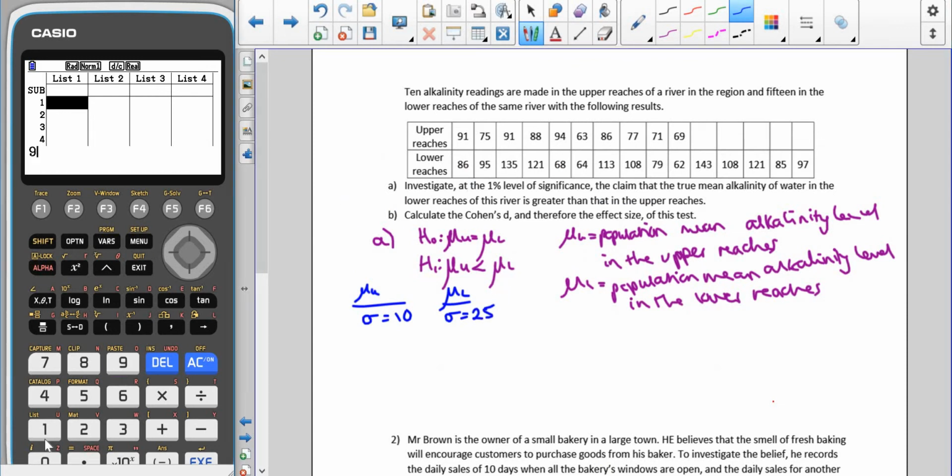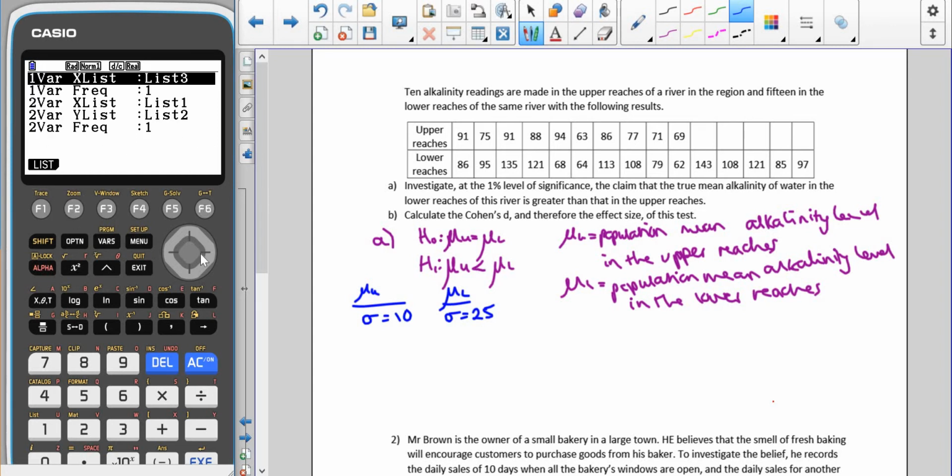Then we need to put the data into our calculator to be able to find the sample mean. So this is just a recap. It could just give you some summary statistics and ask you to find the Cohen's d value. It could be a part B of a question where you've had to do a hypothesis test in the first part, as we are doing here, and then it's asking you to find the effect size in the second part.